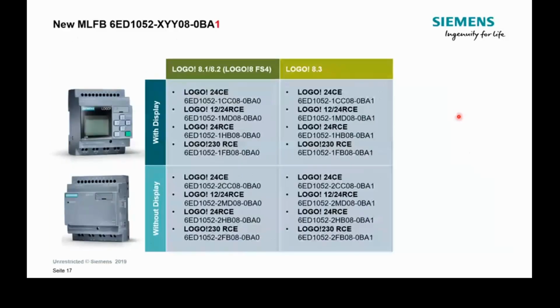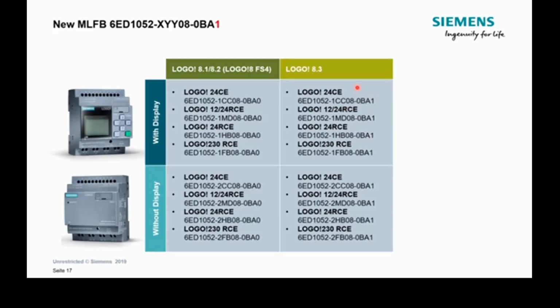To identify a version 8.3 logo, there will be a change to the part numbers. So currently you can see here that all the version 8.2 logos have 08 on the middle part of the part number and ending 0 on the final part of the part number. The version 8.3 logos, the 08 will be maintained, but will increment the last digit to be a 1 rather than a 0.